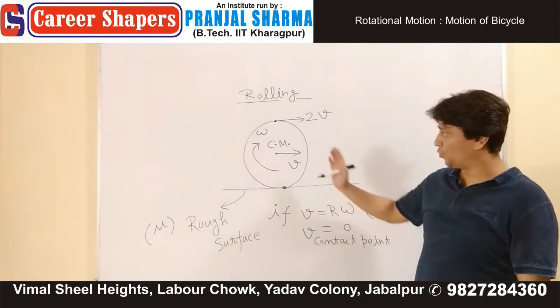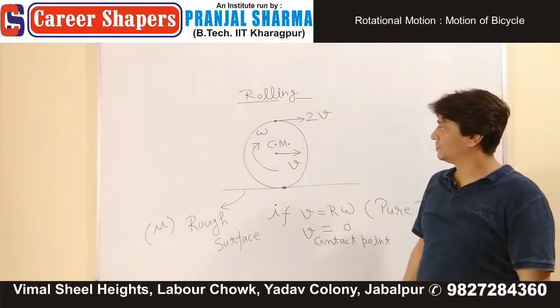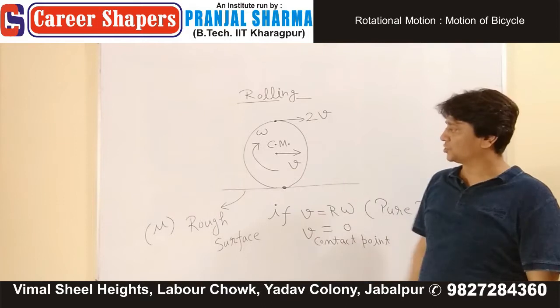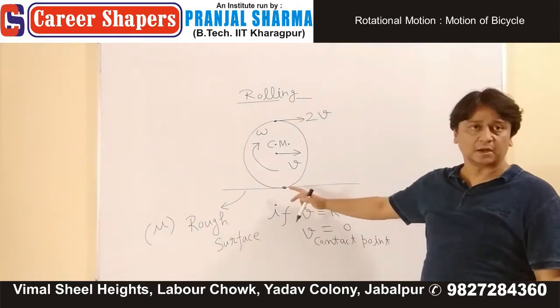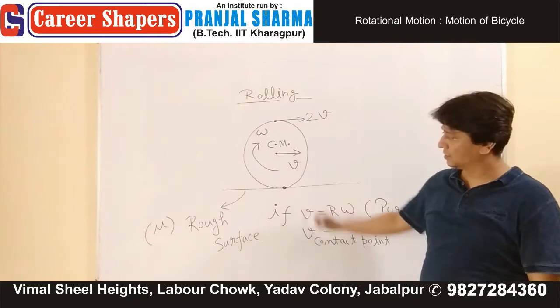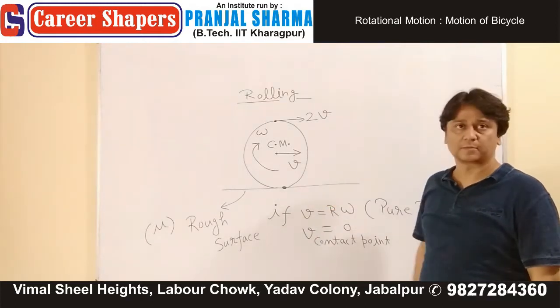Then, for the wheel which you see in the figure, moving in this direction, what is the direction of friction at the contact point?